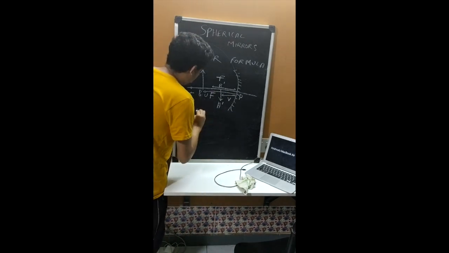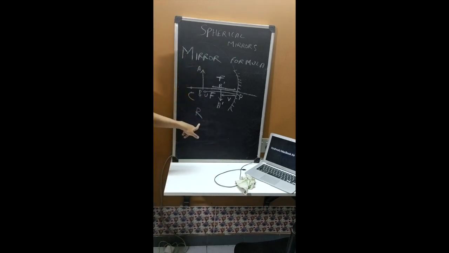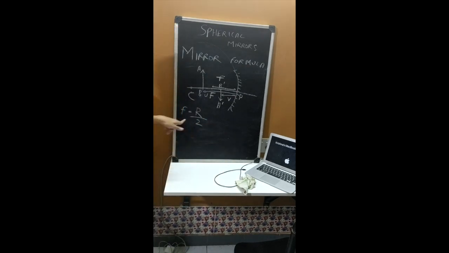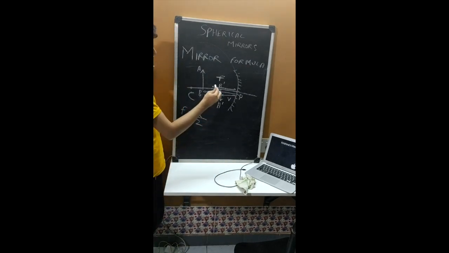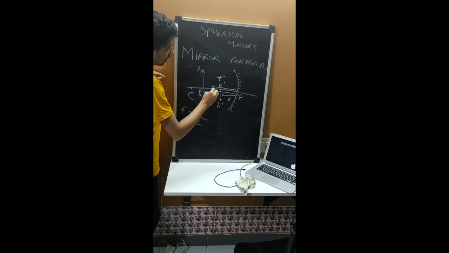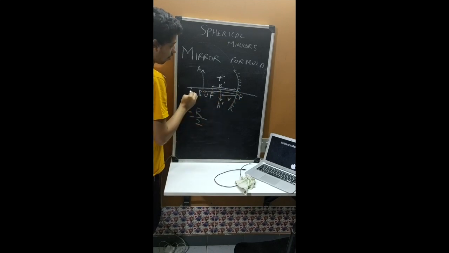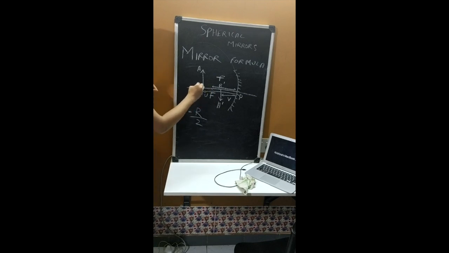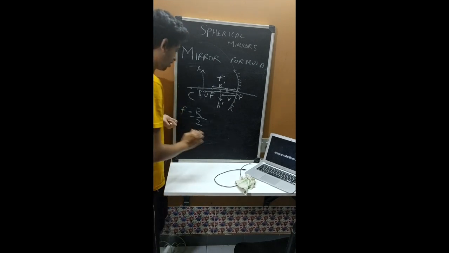It is denoted by R. And there is a relation between radius of curvature and focal length. What is it? Focal length equals radius of curvature by 2. It means that the focus is exactly at the middle of the center of curvature and the pole. It's exactly at the midpoint. This and this are the same. Understood? So this is one important thing.